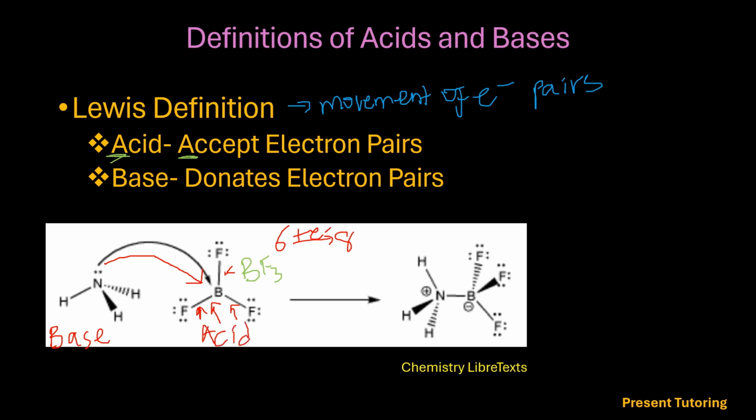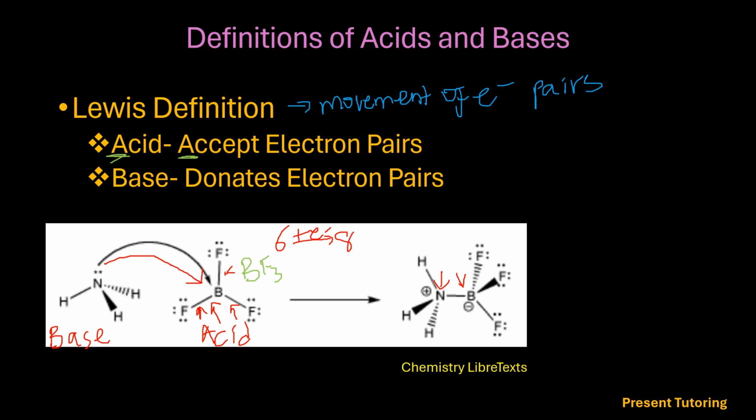You end up with the new compound where both nitrogen and boron have a stable octet, but boron has gained an electron pair more or less, and nitrogen has donated an electron pair partially. Now they're agreeing to share the electron pair. So that's the definition for Lewis acids and Lewis bases.